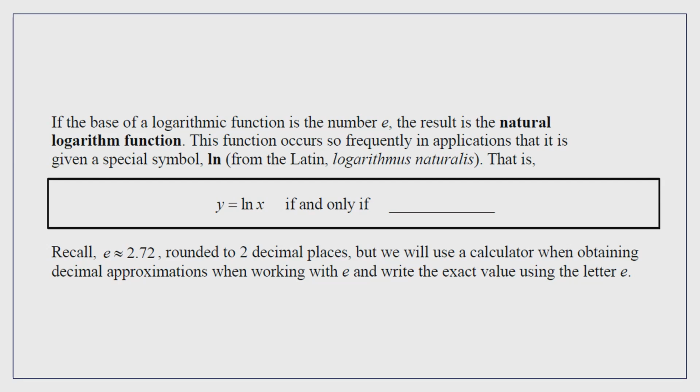That is, y equals the natural log of x if and only if x equals e to the power y. Recall e is approximately 2.72 rounded to 2 decimal places, but we'll use a calculator when obtaining decimal approximations when working with e, and write the exact value using the letter e.